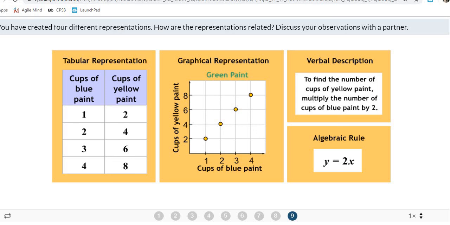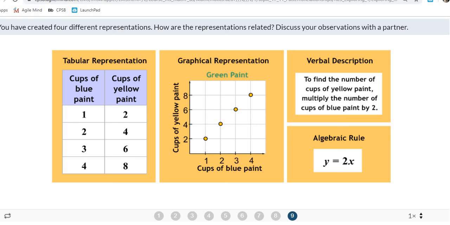So, Braden, what do all 4 of these have in common? They all each have a constant of proportionality of 2. The table, I see the unit rate of 1 to 2 ratio, so that says the constant of proportionality is 2.